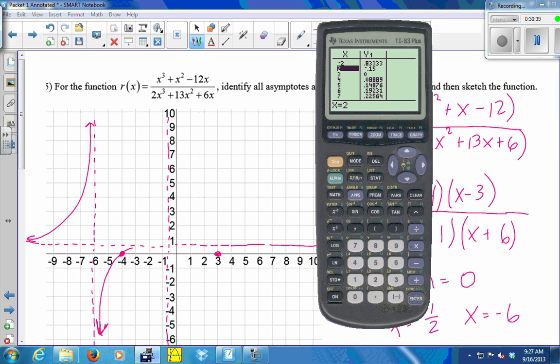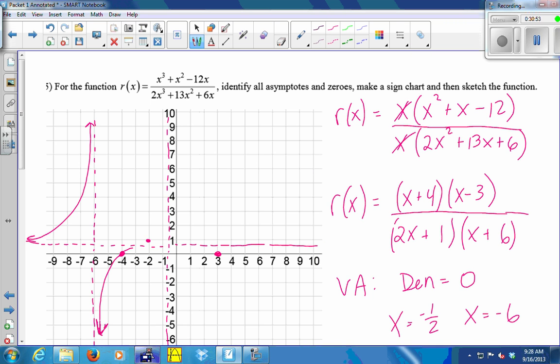So it looks like I crossed the negative 1/2 value here. Up there. And if I plug in 0 after I factor and cancel the x's, I would get negative 2, right? Negative 12 over 6 would be negative 2. So I have a hole here at 0, negative 2.